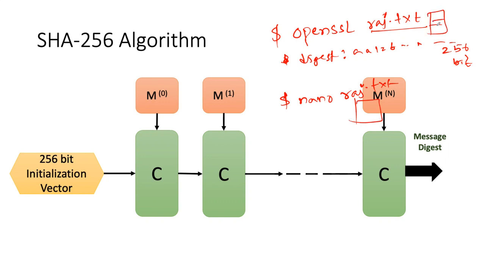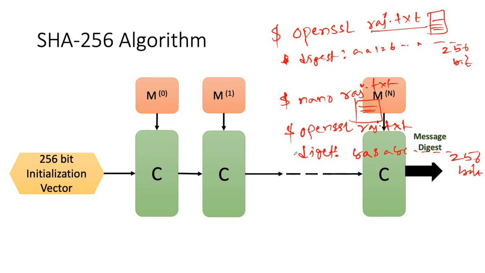Then again you compute it: after changing that, you run the openssl command with raj.txt as input, and whatever digest you get, something like B A $ A B C, again a 256-bit digest. Then you try to compare this digest and the earlier digest.